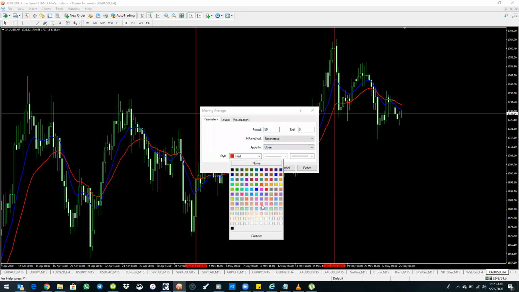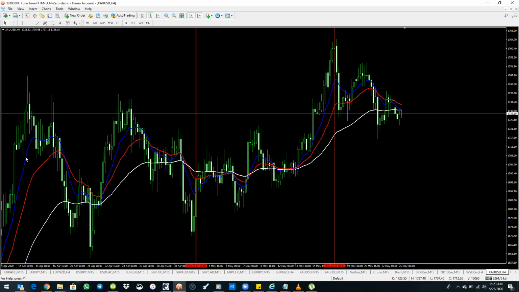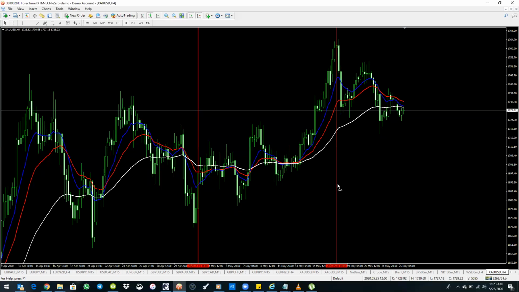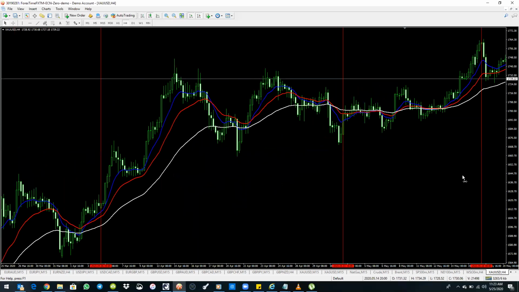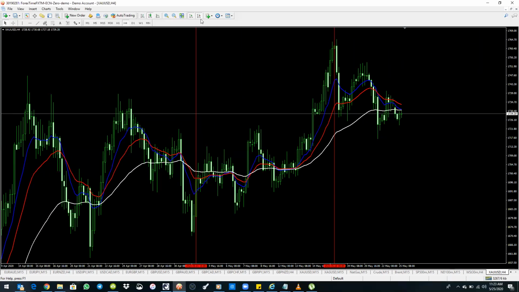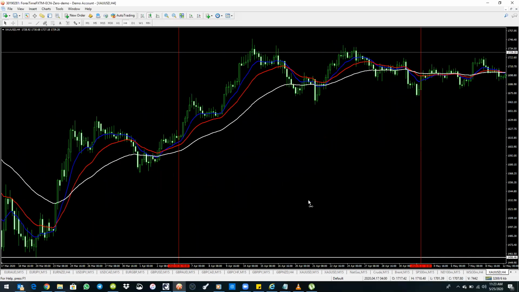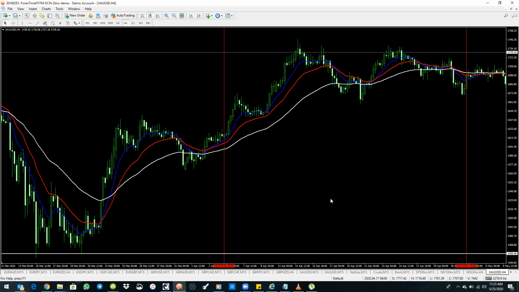Let's make that white for all intents and purposes. Now you can see it reacts a little bit slower to the market, and because it reacts slower, it doesn't change as quickly as the others. It is not affected by every little move in the market.